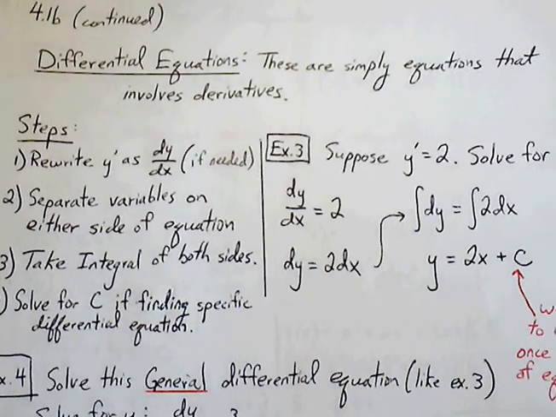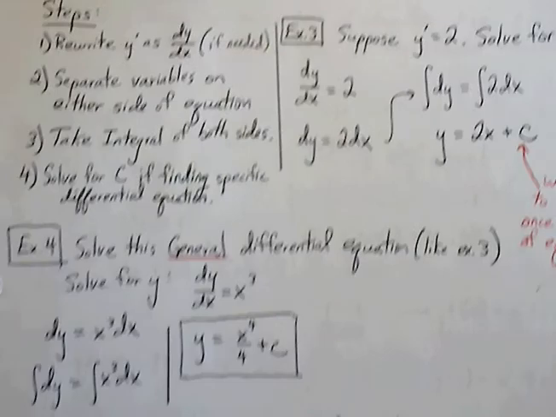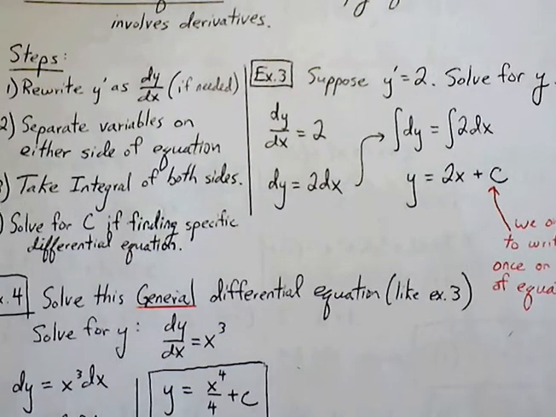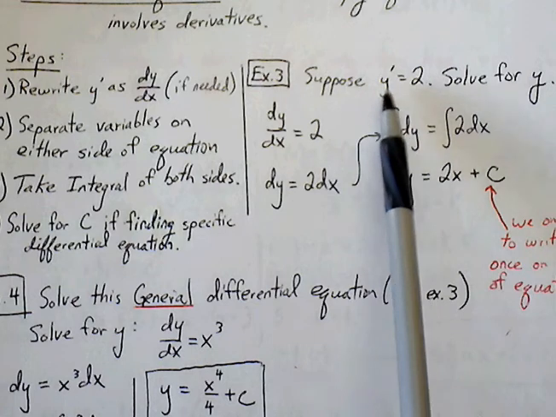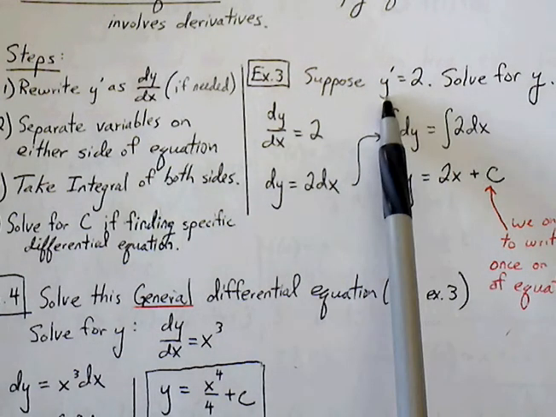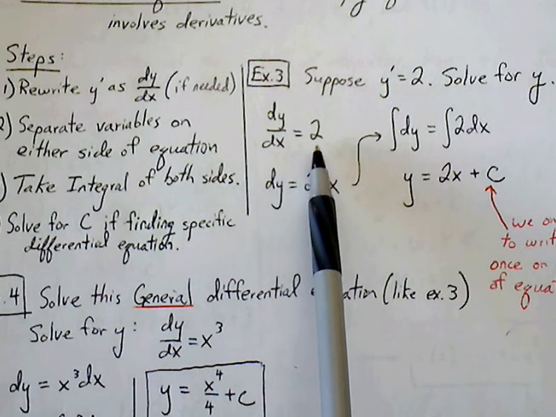So let's look at example 3. Suppose y prime is equal to 2. Solve for y. First thing we can do is rewrite y prime in a form that is visually easier to take our next step. So y prime, rewrite as dy over dx equals 2.